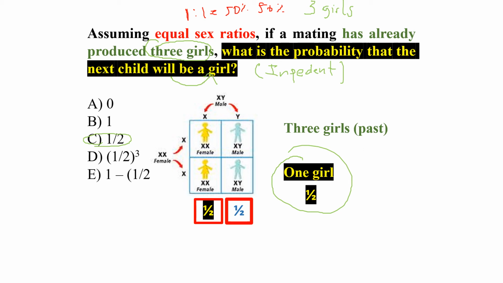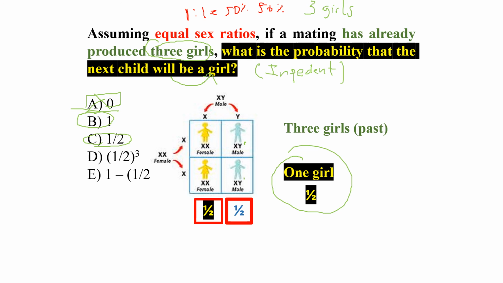Zero. This would be if they were not independent events. One, it would be if you have an allele that is lethal, that doesn't allow you to have males.